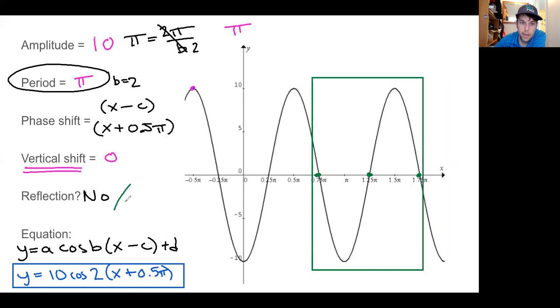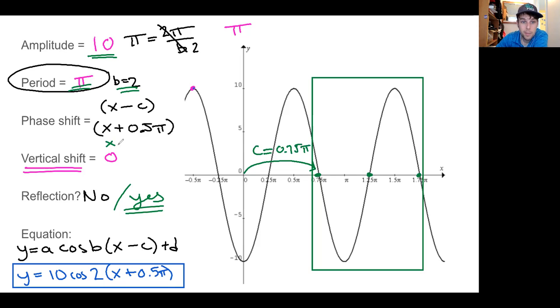So for this one, we're going to have a yes, there is a reflection. Other than that, not a lot changes. Still has the same amplitude, still has the same period and b value. It's a phase shift that needs to be looked at, because now we're moving to the right 0.75 pi. So c is equal to 0.75 pi, or 3/4 pi.